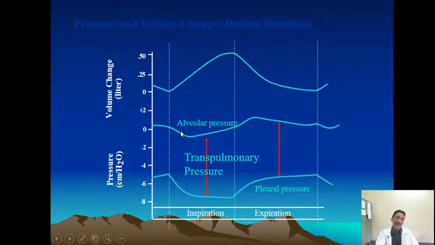The second diagram shows the changes in the pulmonary pressure, and the third one is the changes in the pleural pressure. So what does this graph indicate? This graph indicates the changes happening within the lungs during each cycle of inspiration and expiration with respect to the changes in the volume, the alveolar pressure and the pleural pressure.